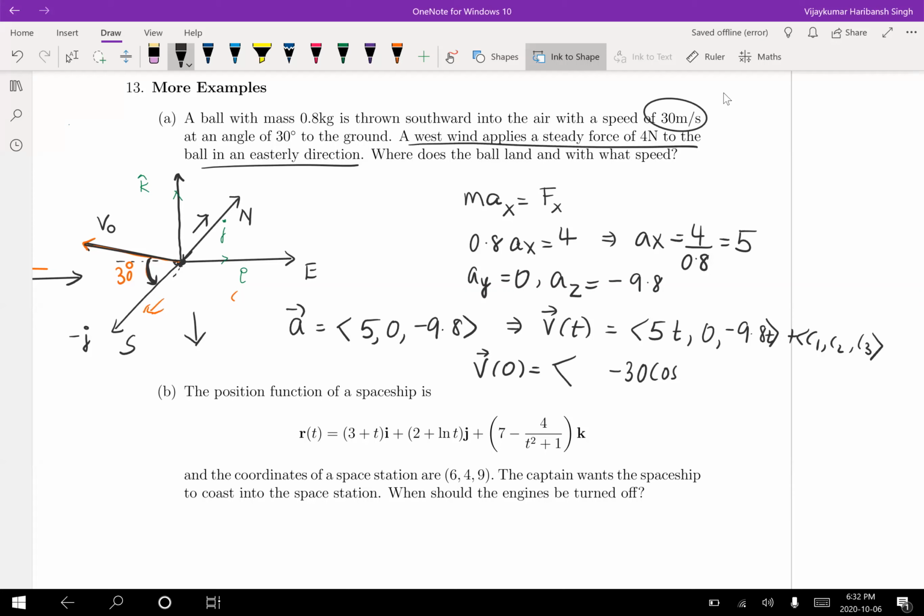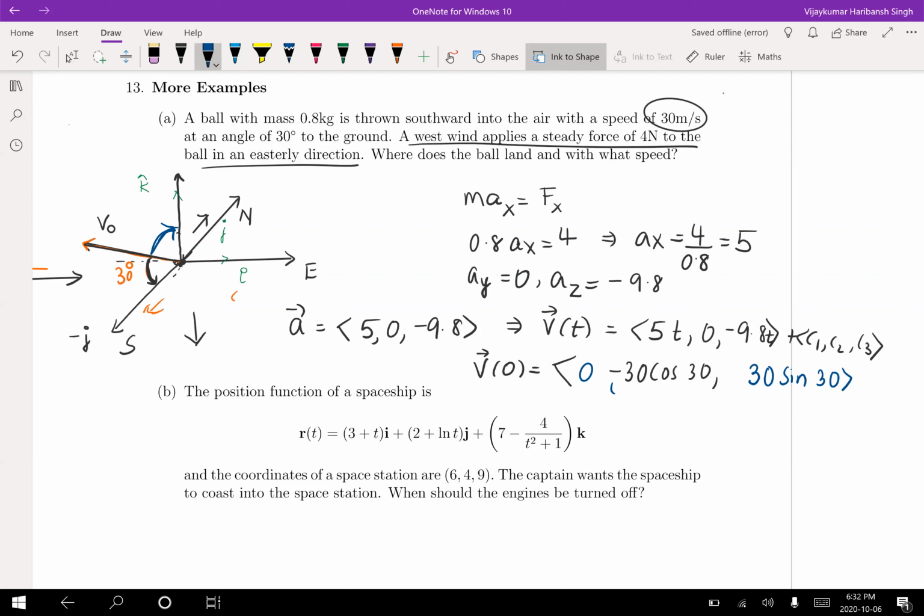Now, what about the k component? There's a component along this vector as well, which will be 30 sin 30. And along the x component, eastward, there is no component, so it is 0. So this is our V of 0.